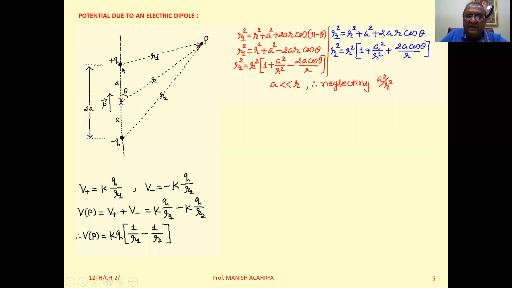Now suppose we take the position of plus q from the center as vector a, and from the center to point P as position vector r.